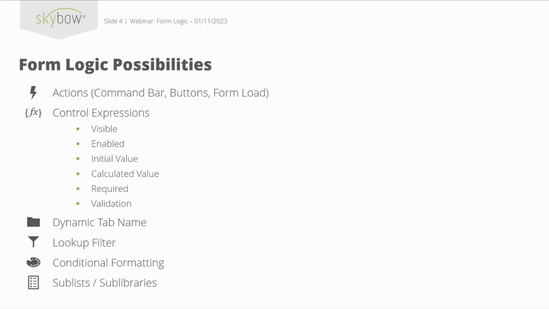The second thing is about expressions. We have our own expression language, which is similar to what you have within SharePoint, but ours is based on JavaScript, and we can really add those expressions to every control. So a control can be a tab, it can be a field, it can be a row, or a rich text.